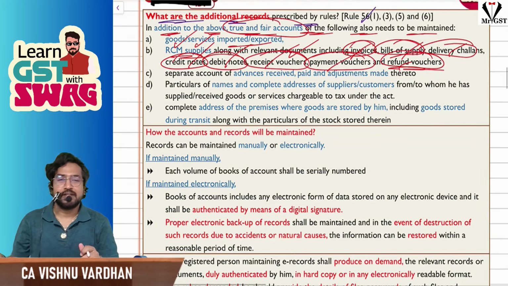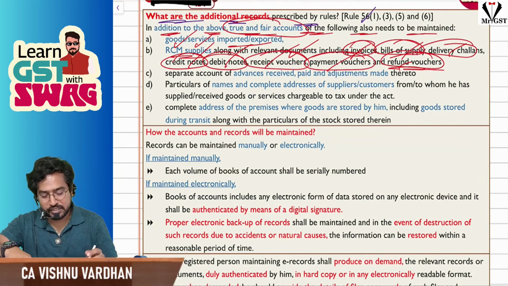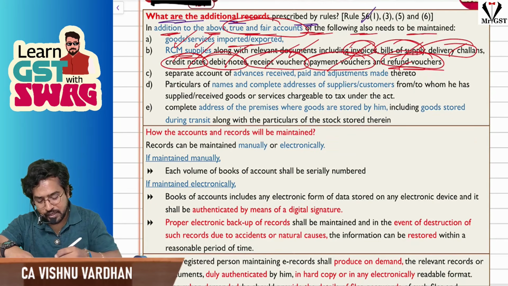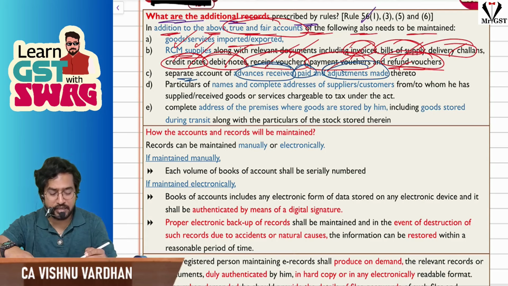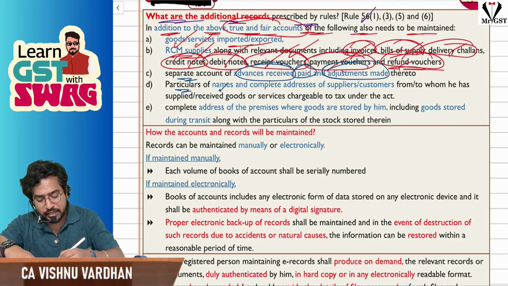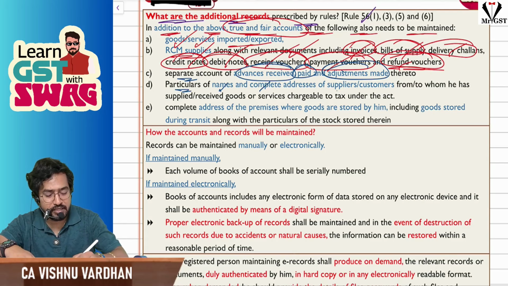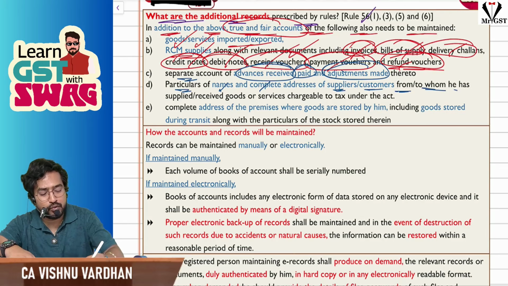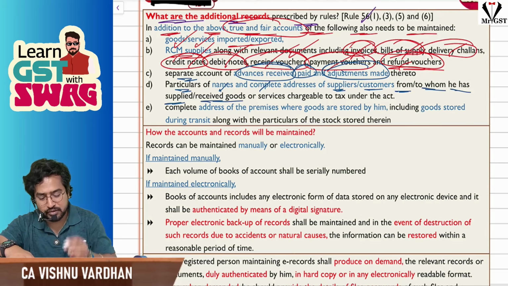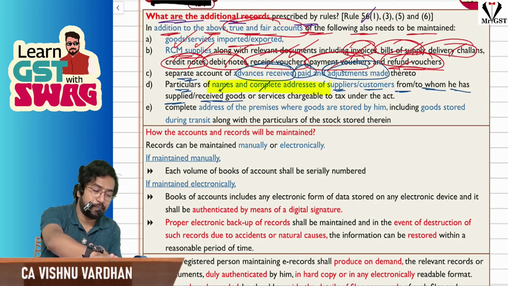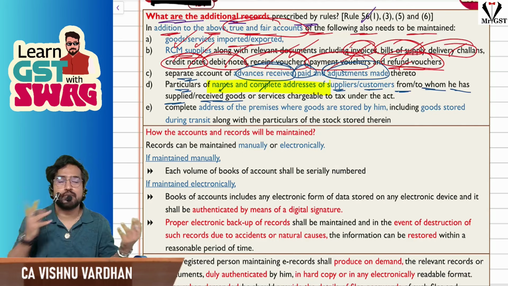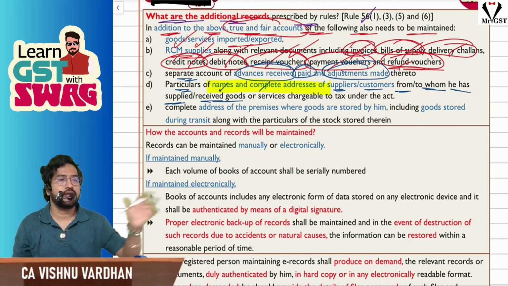Okay. Now, coming to the point. Next one. Separate account of advances received, paid, adjustments made, particulars of names, complete addresses of suppliers, customers from or to whom he has supplied or received. That means you should maintain the details of your suppliers as well as recipients, the customers. From whom you are purchasing, you should maintain a record.